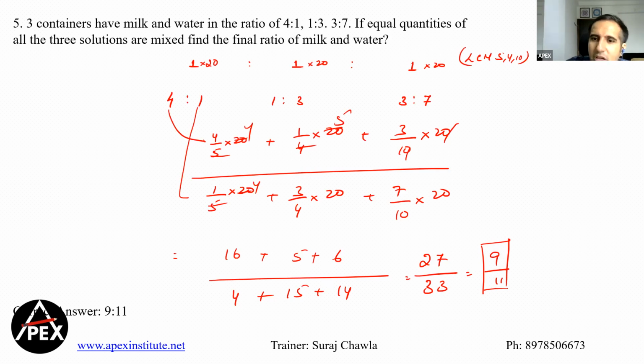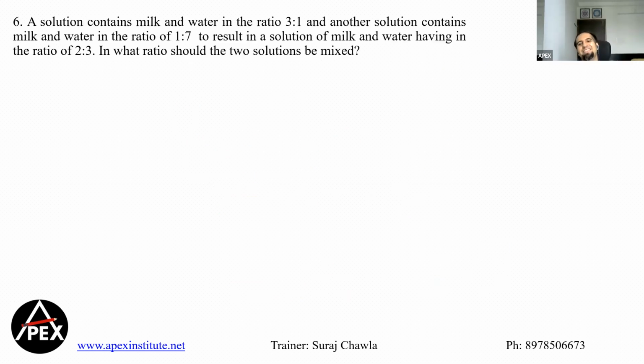Question number 5, 3 containers, Mahesh. Clear, Mahesh? That's question number 5, dot 3 containers.